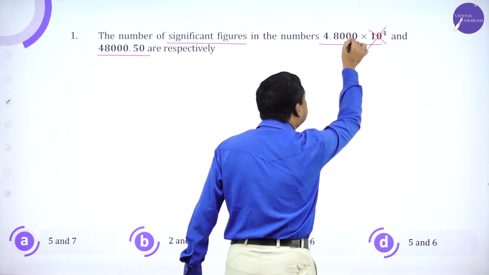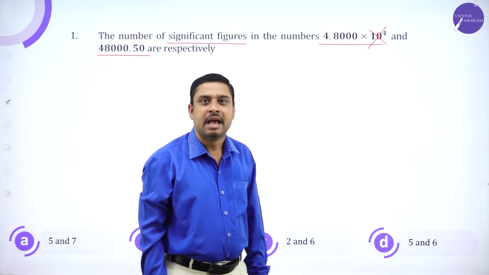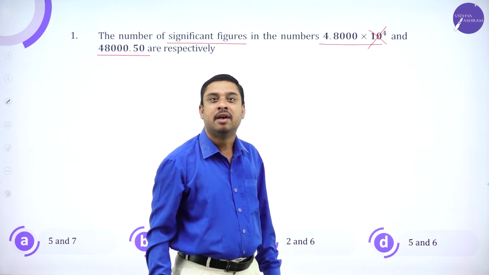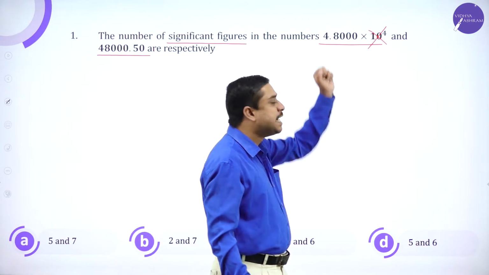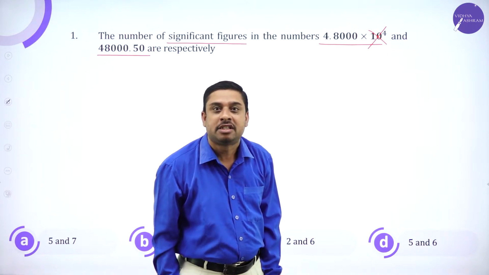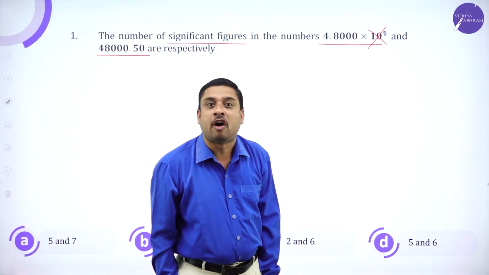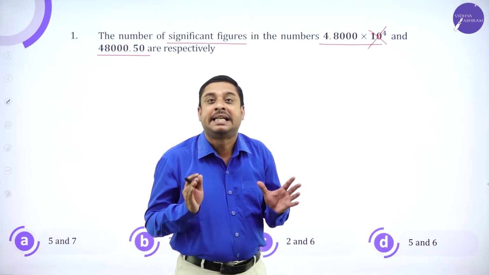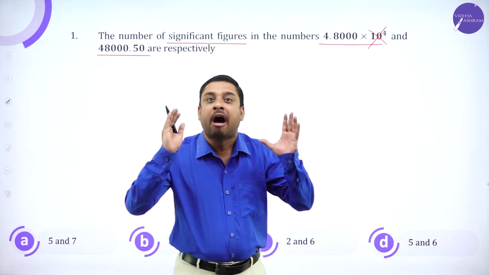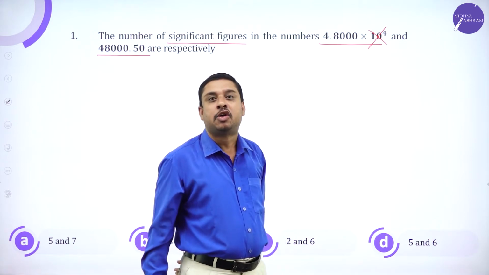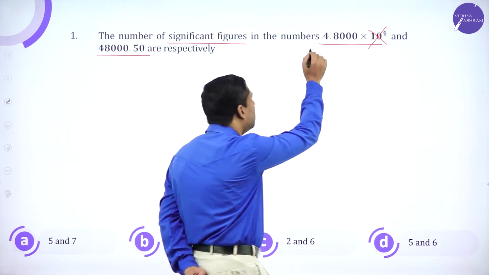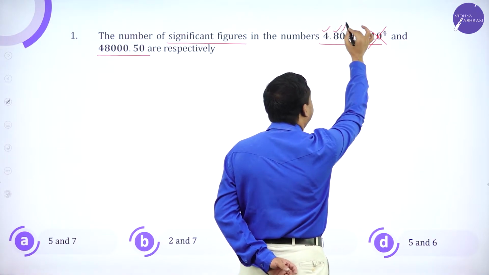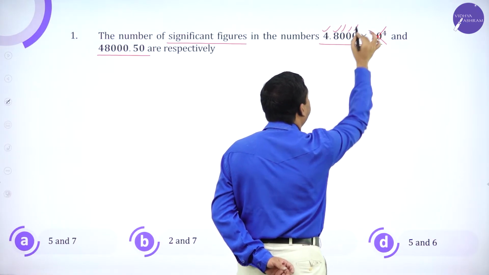What about these 3 zeros? Are they significant? Very much yes, because there is a decimal point. Number of zeros following a decimal point are considered to be significant. So we have 1, 2, 3, 4, 5.